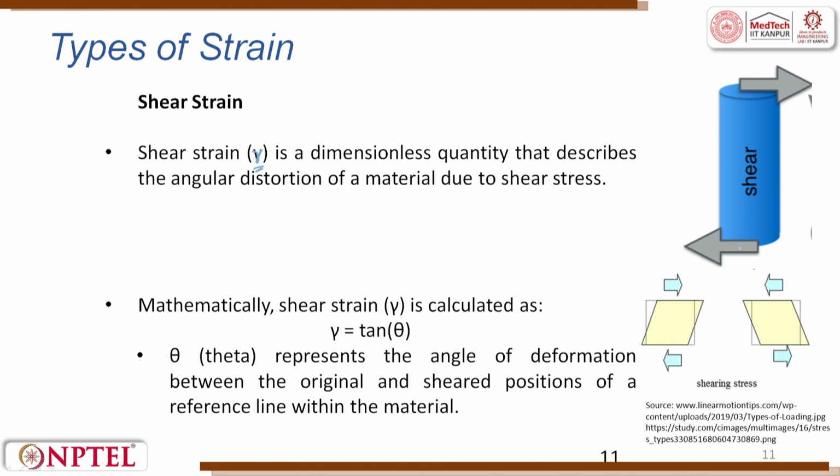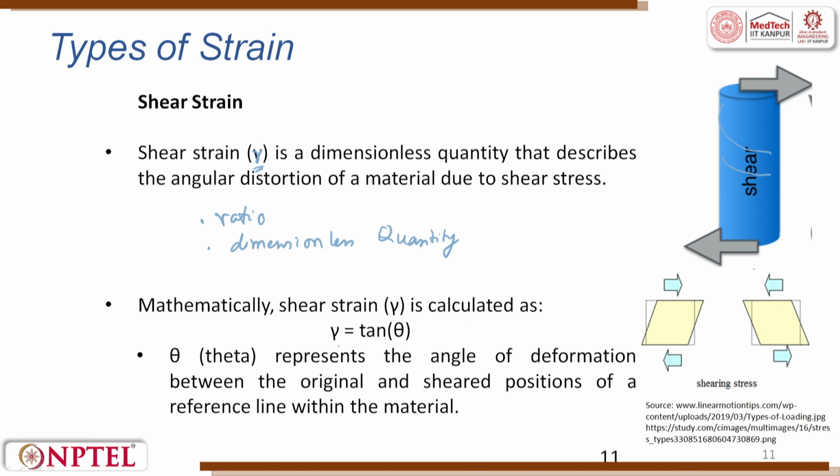So, you are trying to shear. It is almost like you hold both sides and twist. So, it can happen something like this, right. Here again it is a ratio and a dimensionless quantity.